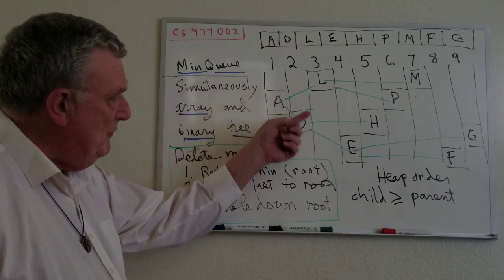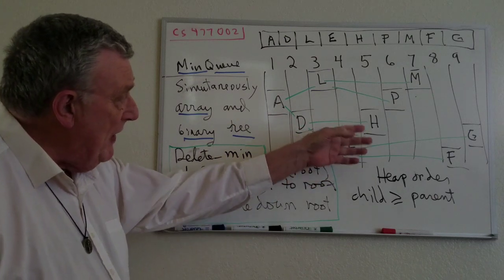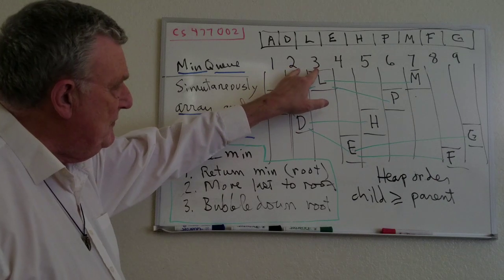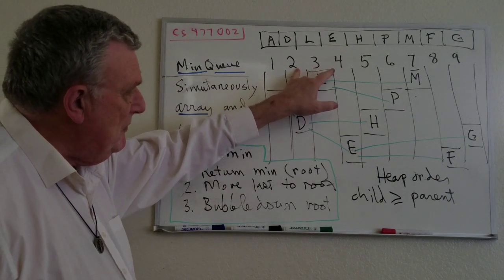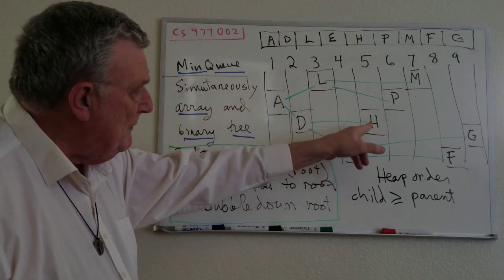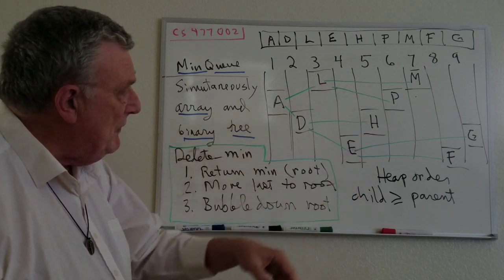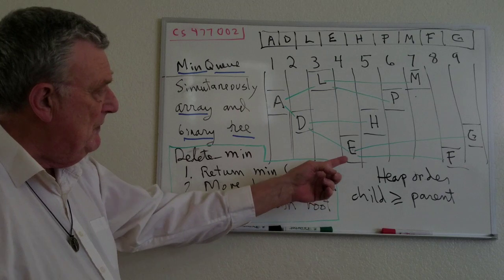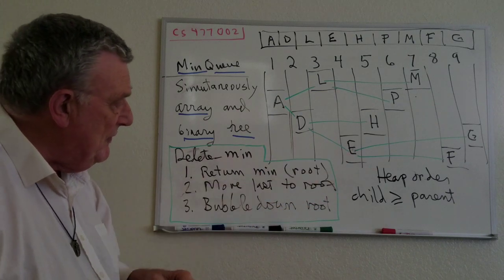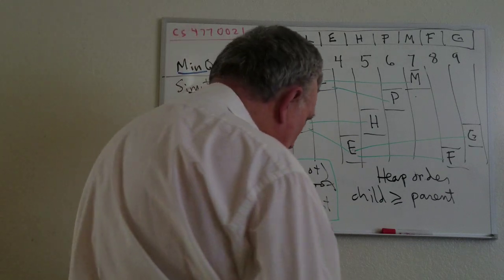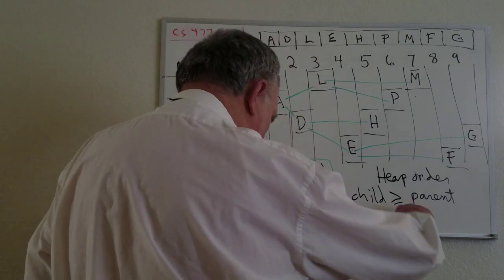Each item has 2 children unless it's farther down. And if you want to notice, the children of 1 are in positions 2 and 3. The children of 2 are in positions 4 and 5. The children of 3 are in positions 6 and 7, and the children of 4 are in positions 8 or 9. Now there's a formula to that, and what is that formula?